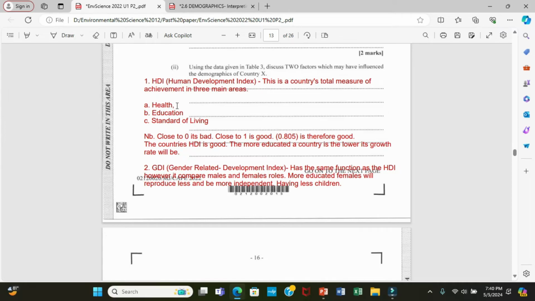Now, most of the Caribbean countries are developing, right? What that means for health is that the health tells you if it is developed or developing. Education and standard of living will tell you if it is developed or developing. Now, in a developing country like we in the Caribbean, most persons cannot access health.